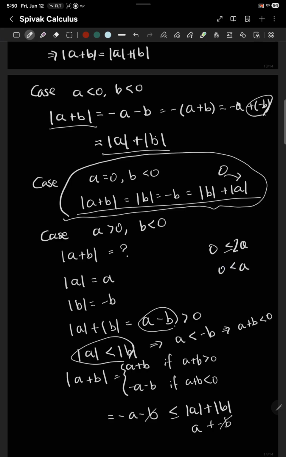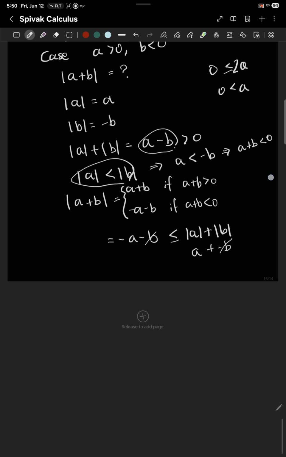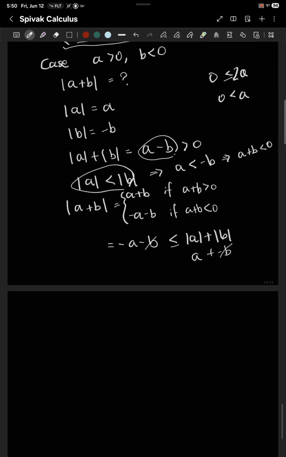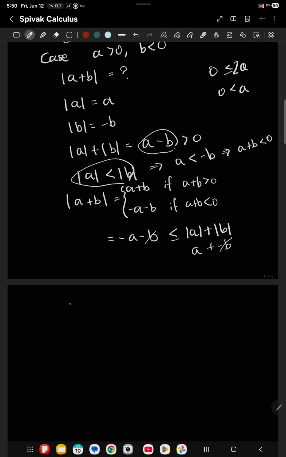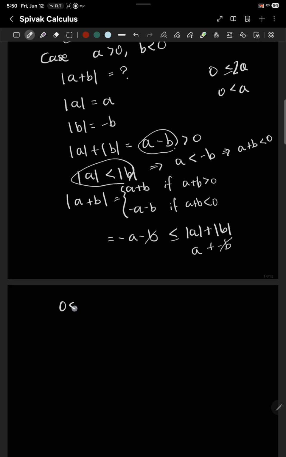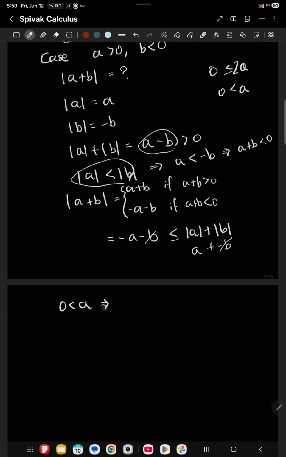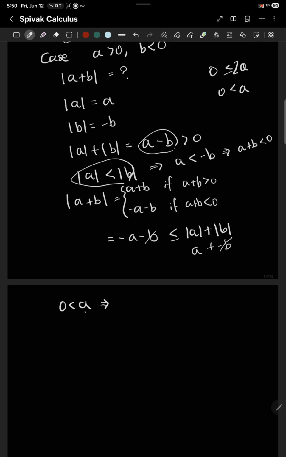Okay, got it. So we can start from the fact that a is greater than 0 to prove the last case. A is greater than 0.